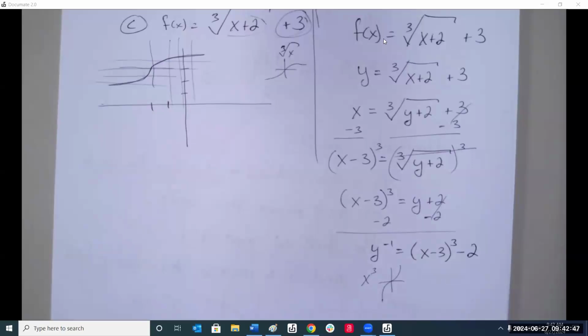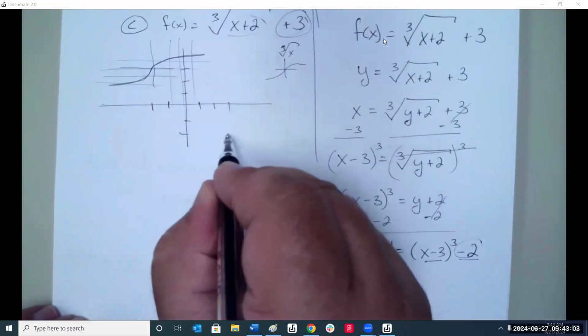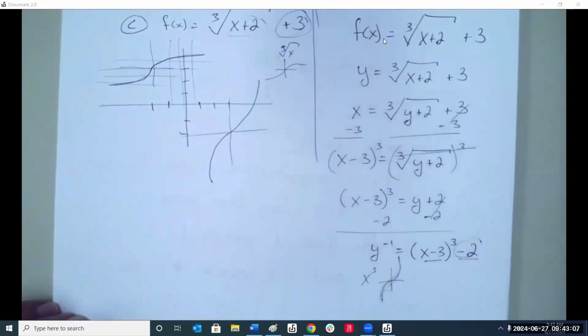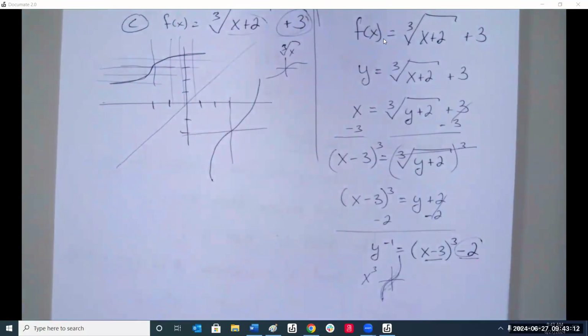Now we know what the graph looks like. It shifts right 3 and down 2. So we have our origin right here, and our graph looks like this. It's a mirror image of that, where it's supposed to be, because if you just fold your paper, you have it.